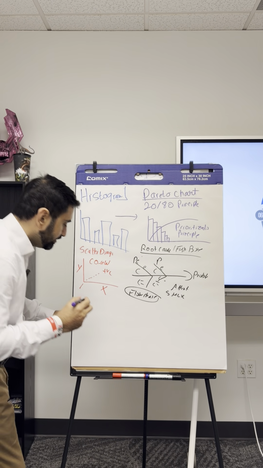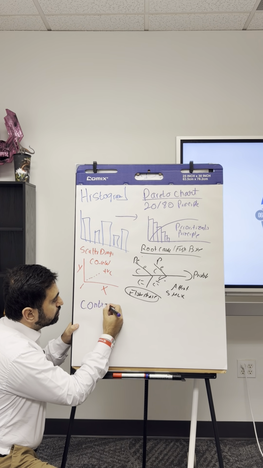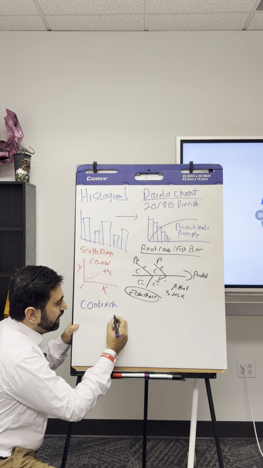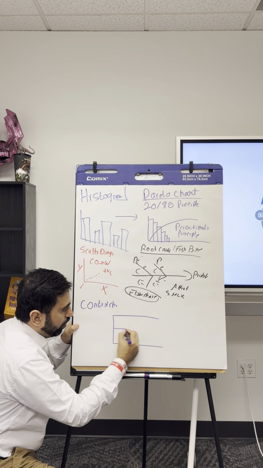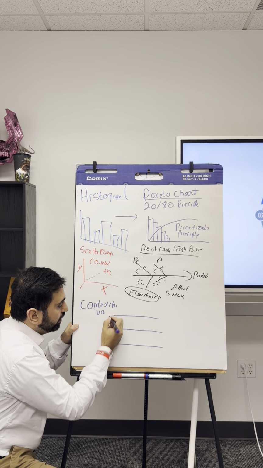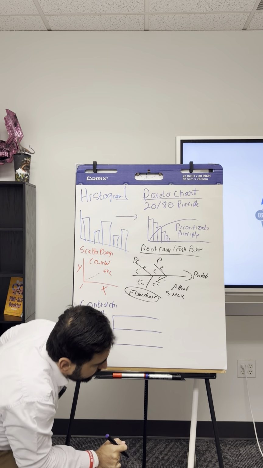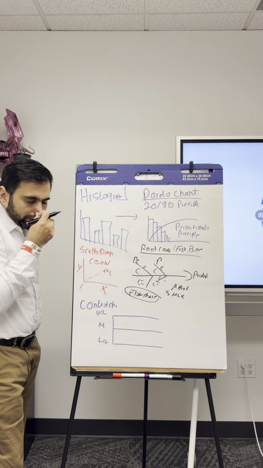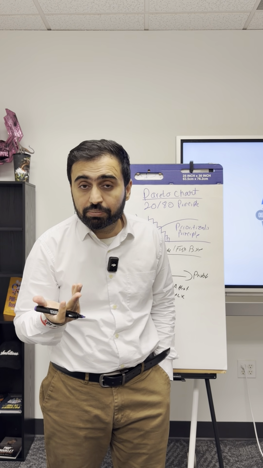So control charts have an upper control limit and a lower control limit, and in between we have a mean. So for example, let's say in quality we follow a lot of Six Sigma methodology.